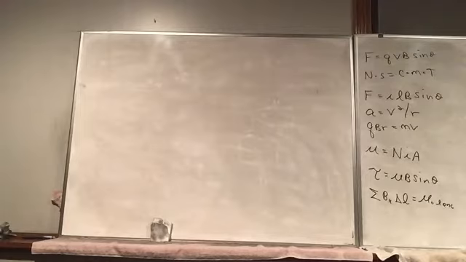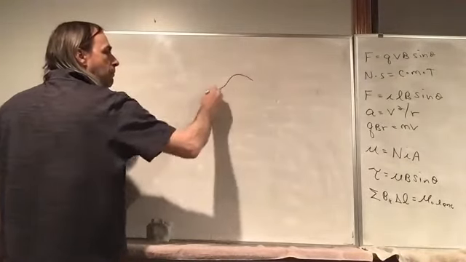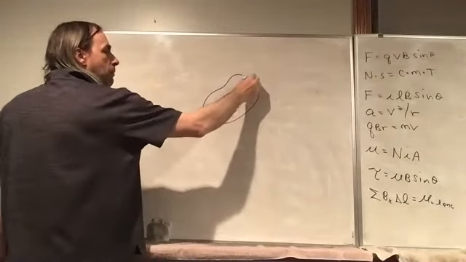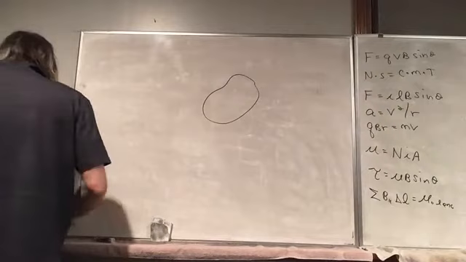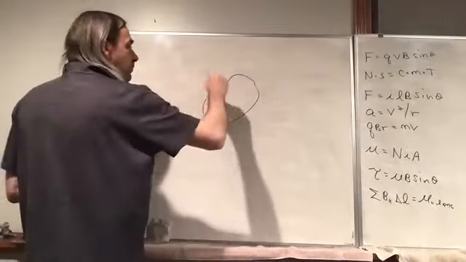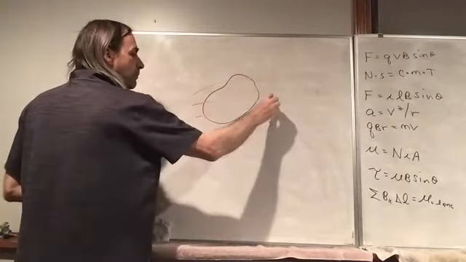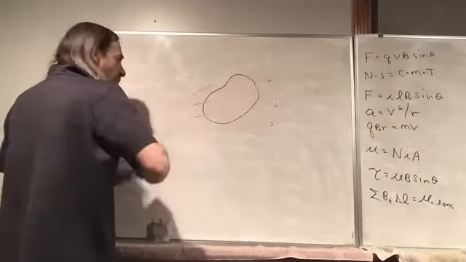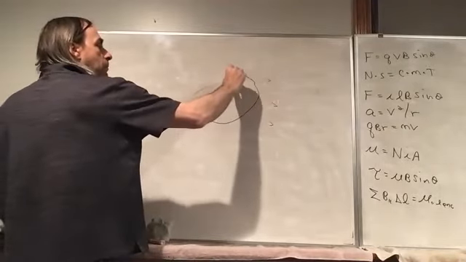So what's on the left side of this equation looks fairly complicated, but say you have a loop, and there's a magnetic field in the region. And so what we do is let's look at, say, this part of the loop right here.